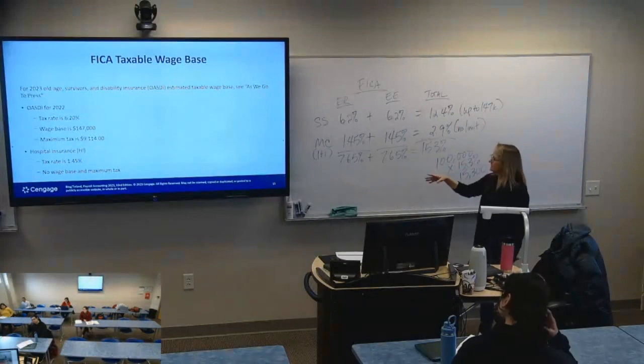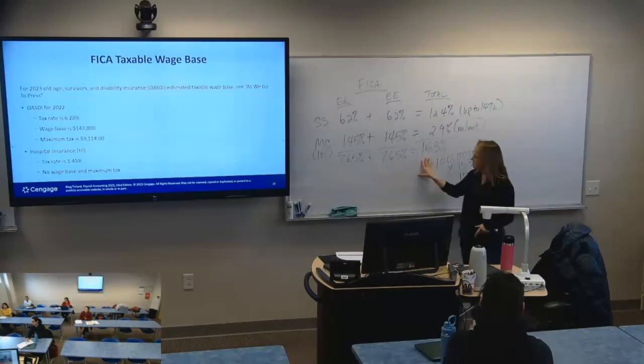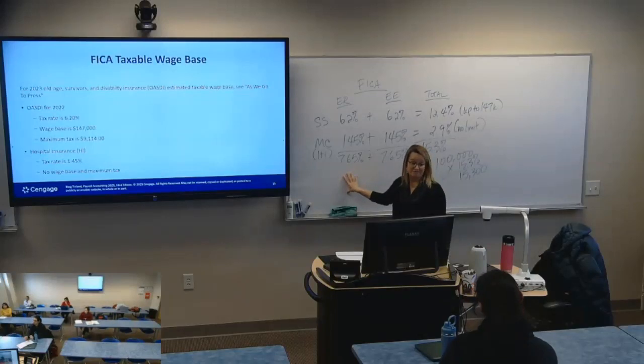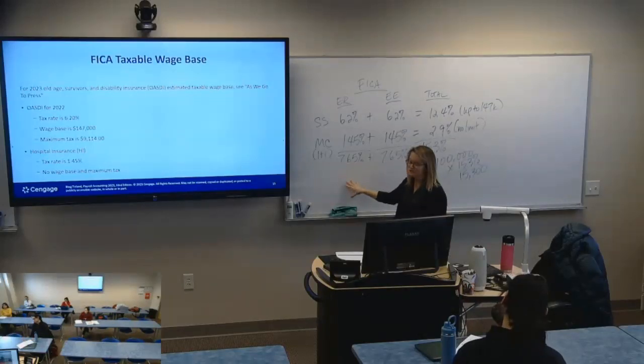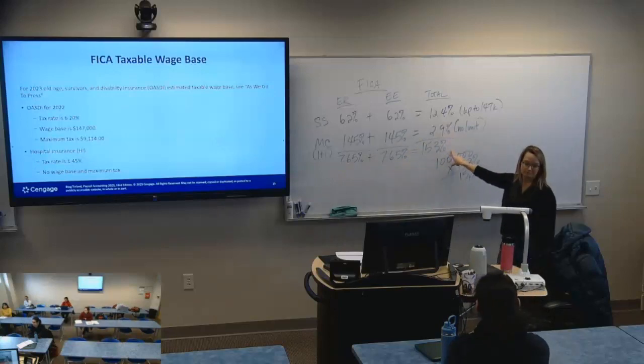Maybe I worded it wrong when I said it's a different tax rate. Essentially it's the same tax rate. It's just that when it's an employee, they share it with the employer. The employer is going to pick up half of the tab, whereas with a self-employed individual, they're going to pay both.